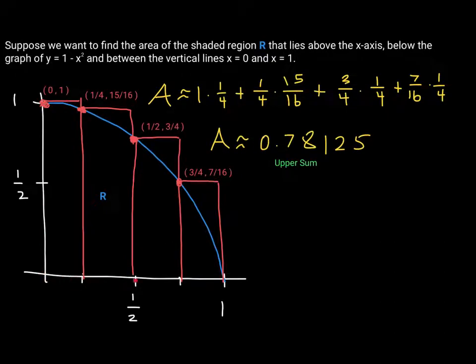The maximum value of this interval is going to be here at this left endpoint. And so each of these rectangles is constructed so that its height corresponds to the function value at the left endpoint of each of our subintervals. That's why it's called an upper sum.